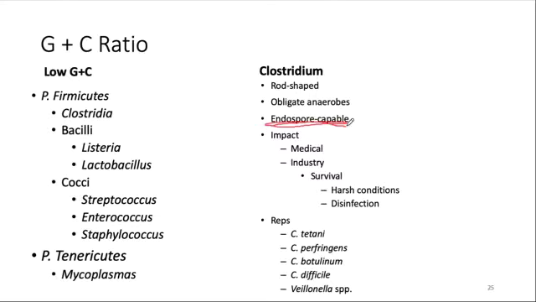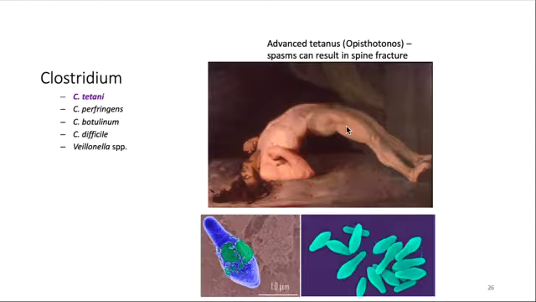So representatives include Clostridium tetani, perfringens, botulinum, and difficile, and we also have other species with similar characteristics. But we'll just look at these examples, connect them to the diseases they cause, and point out a few characteristics that make them distinct.